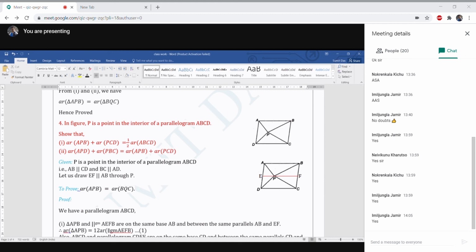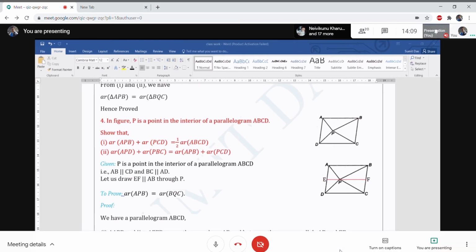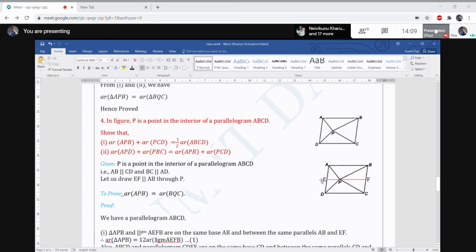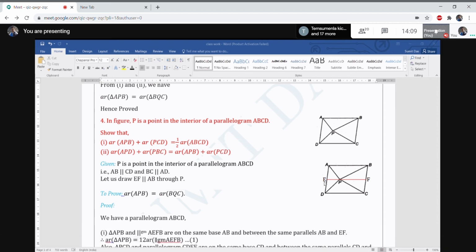Then I think we have to draw another part also, which we have to draw.